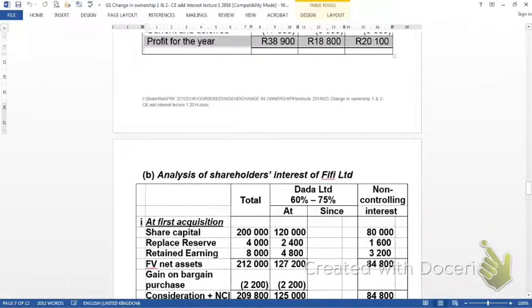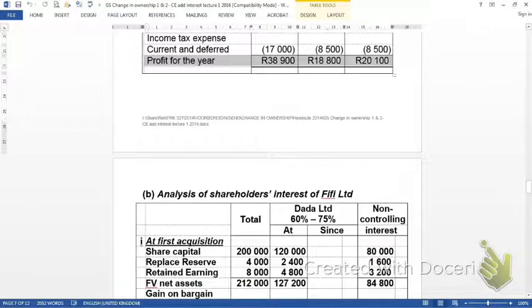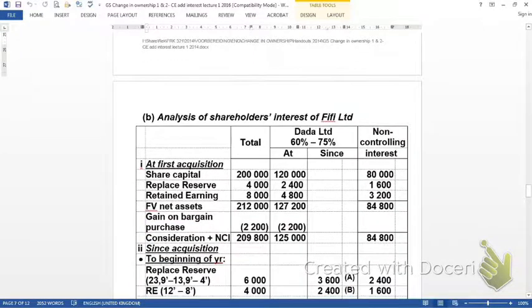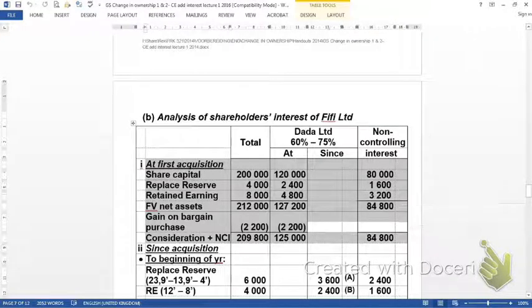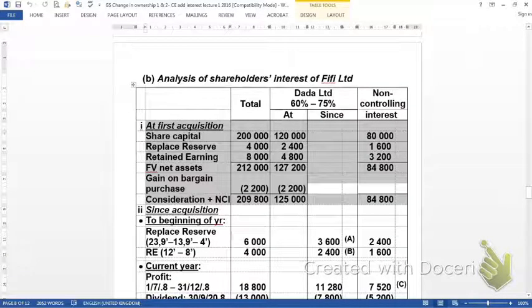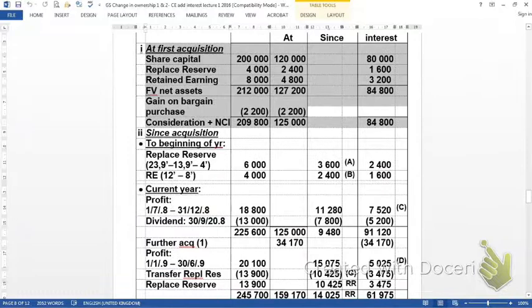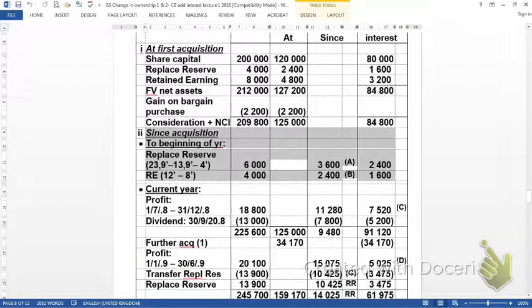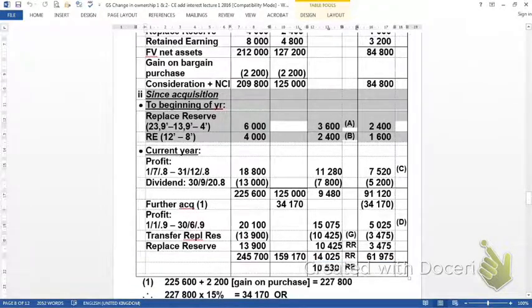Let's look at the analysis. Again, the first part of the analysis is calculated as normal. You will calculate an at-acquisition gain on bargain purchase in this case, using the amounts given to you. Then you will continue to calculate the since-acquisition reserves, also given to you in the question.